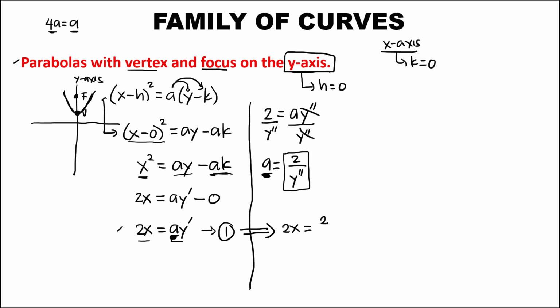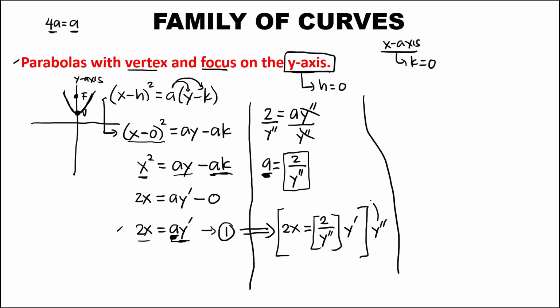So this becomes 2 over y double prime, times y prime. Then to simplify, we multiply the whole equation by y double prime.